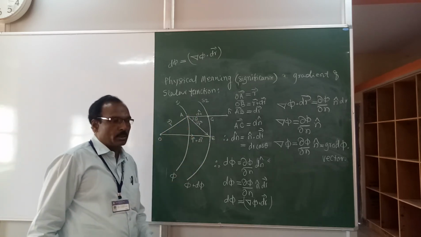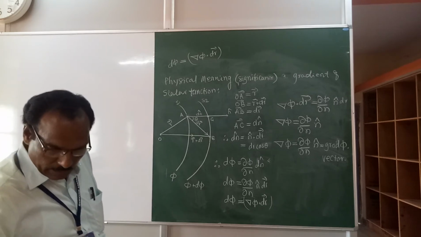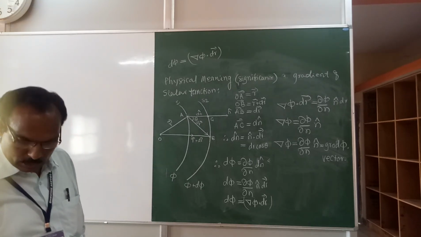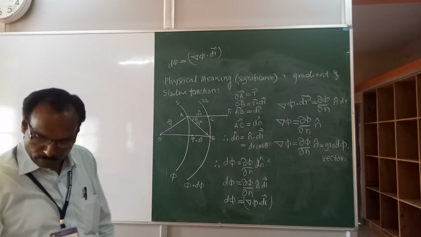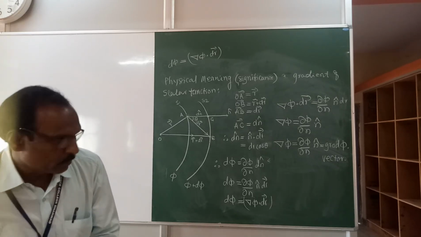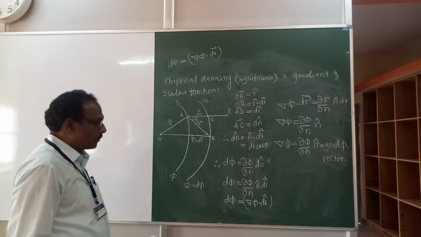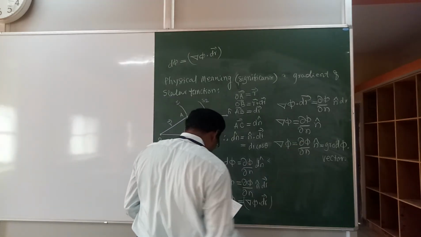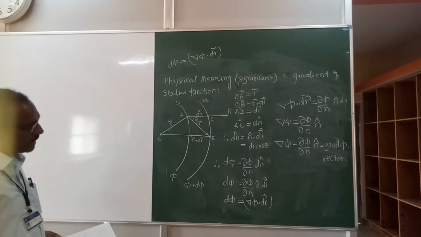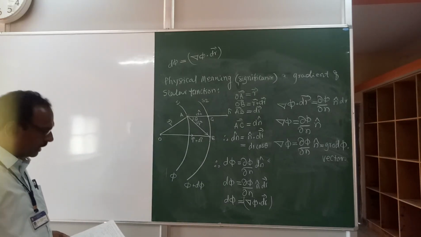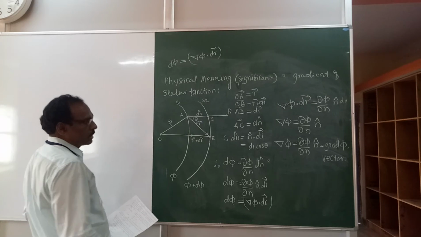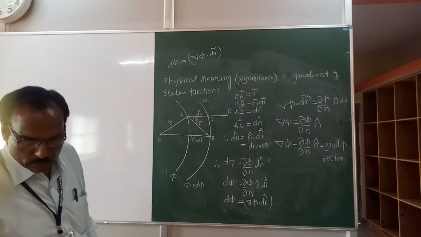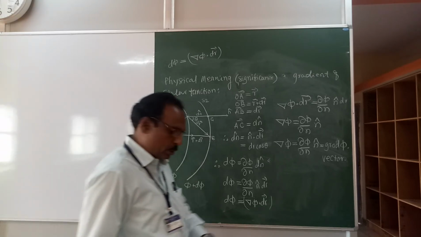Hence, grad phi is defined as the gradient of a scalar function, a vector whose magnitude is equal to the maximum rate of change of the scalar function phi, and the direction is normal to the level surface. This is its definition.